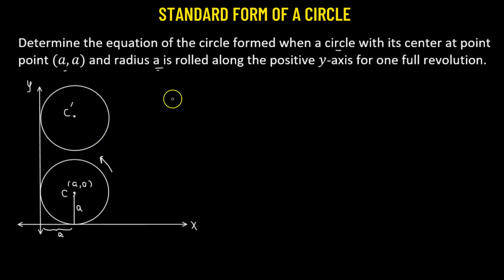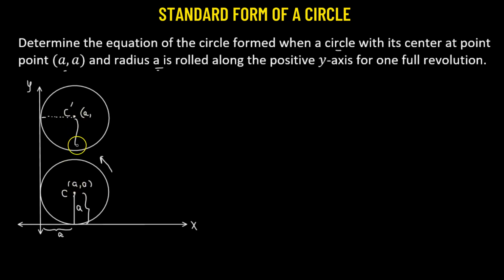Now it has undergone one full revolution. Here the x coordinate is going to remain unchanged because it is still going to touch the y-axis. So the x coordinate is going to remain as a. Now what about the y coordinate? Initially it was at a distance a from the x-axis. Now after it has undergone one full revolution, it has moved by 2 pi r amount, that means by the circumference amount.